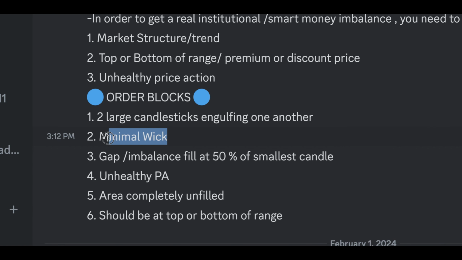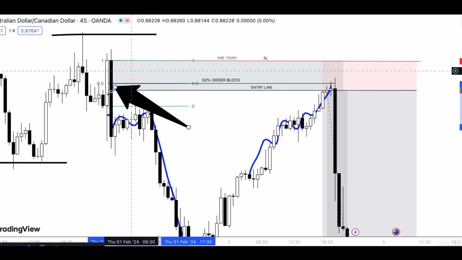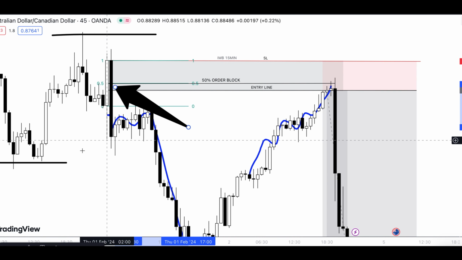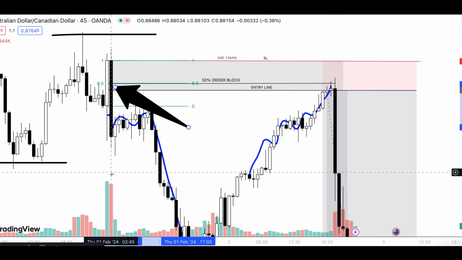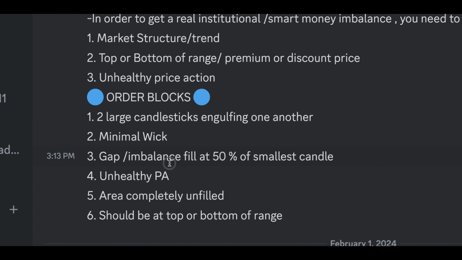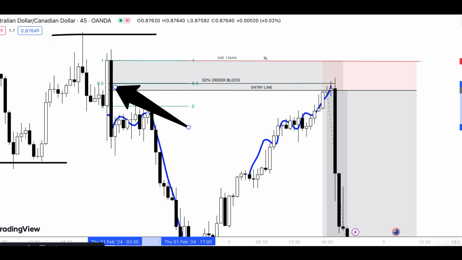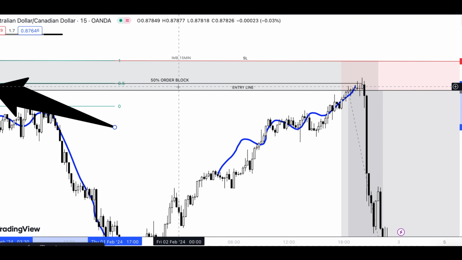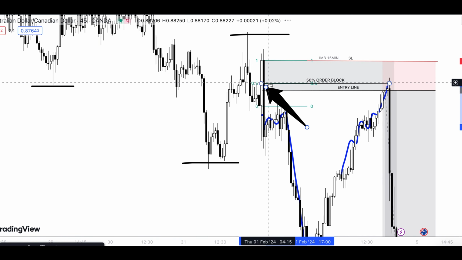The next rule is minimal wick. This one had a wick, but I took it because of the volume the order block had, which is an extra confluence, and the fact that it's a big order block. Then there's a gap or imbalance fill at 50% of the small candle. 50% of that small candle, which is that line there, was actually the gap, so technically that's still a valid trade.